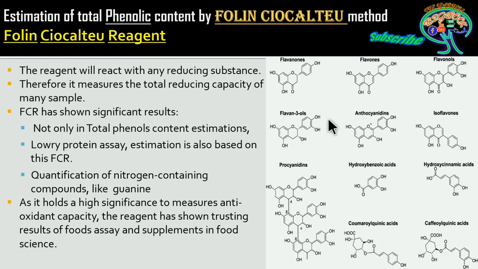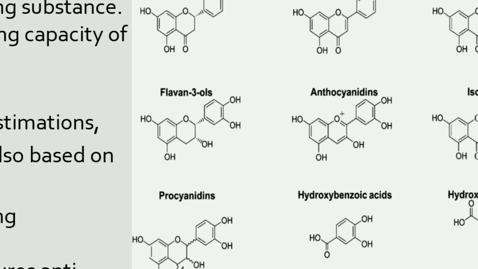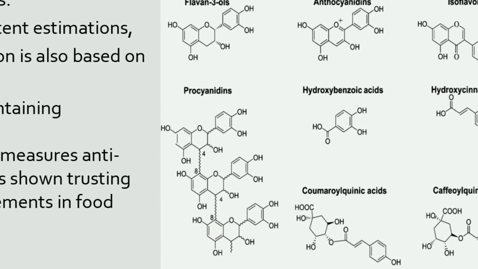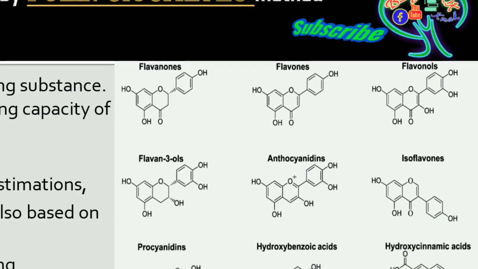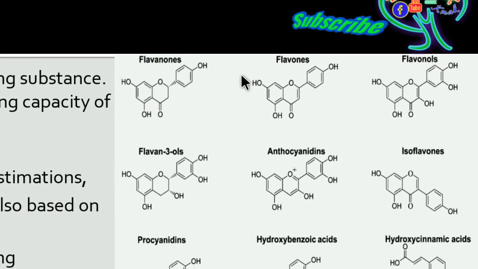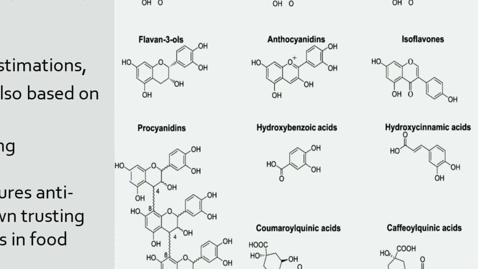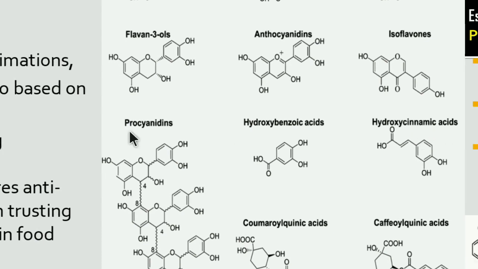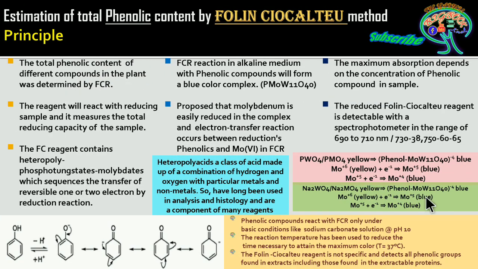Now when you observe these diagrams, these are the polyphenolic or phenolic types: flavonols, anthocyanidins, flavanols, isoflavones, hydroxybenzoic acid, hydroxycinnamic acid, and procyanidins.